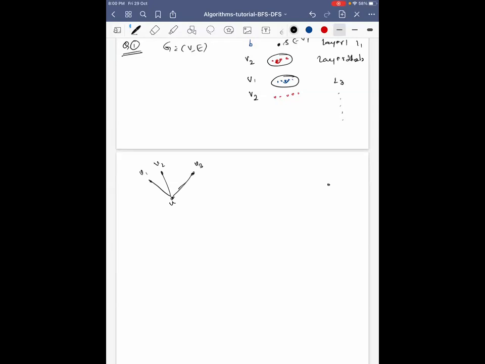So if BFS visits V3, and if it uses this edge uV3 to visit u for the first time, then we'll record V3 as the parent of u. Okay? Does that make sense?